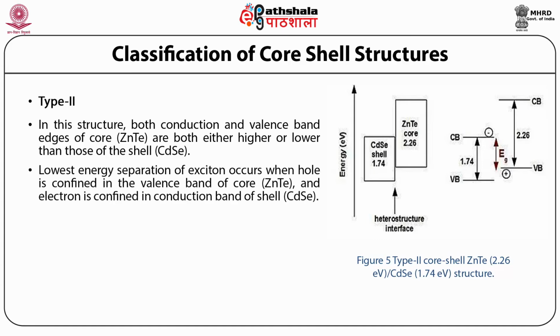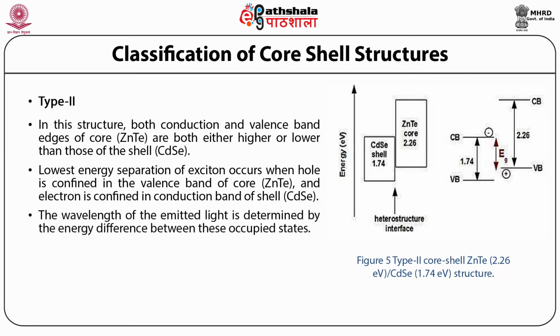Lowest energy separation of exciton occurs when hole is confined in the valence band of core, that is zinc telluride, and electron is confined in conduction band of shell, that is cadmium selenide.